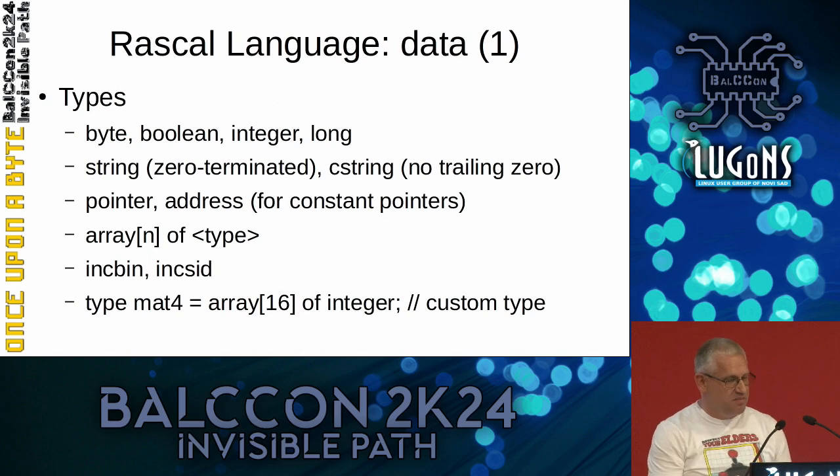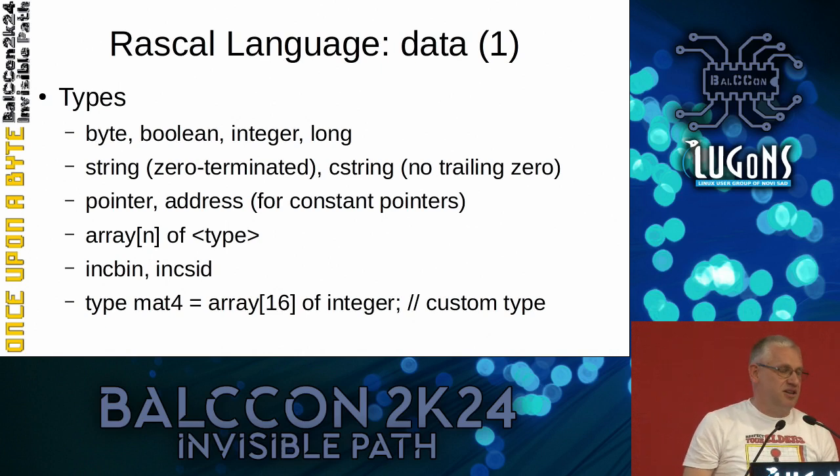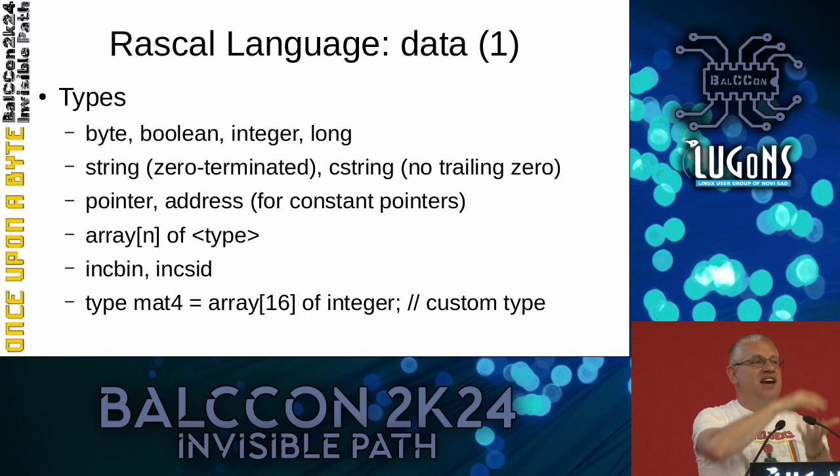For example, IncBin is used to include some binary into your code at the place you want. A lot of old games needed a piece of code, then graphic data, then again a piece of code, and so on. So you could insert any kind of binary anywhere you want.